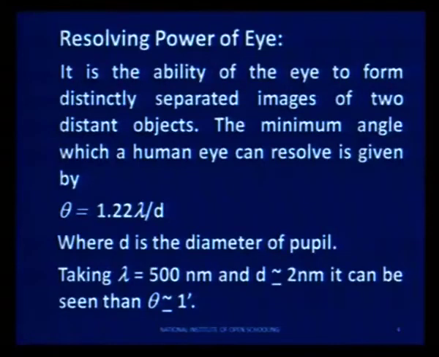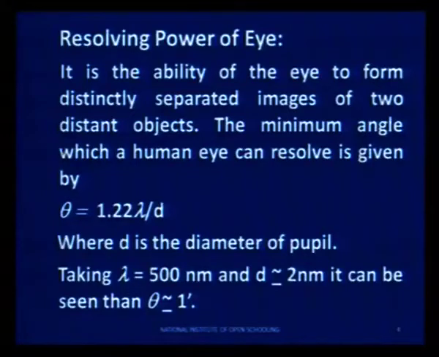Oh, very good question. The resolving power of the eye is the ability of the eye to form distinctly separate images of two distinct objects. The minimum angle which a human eye can resolve is given by 1.22 lambda divided by d, where d is the diameter of the pupil.